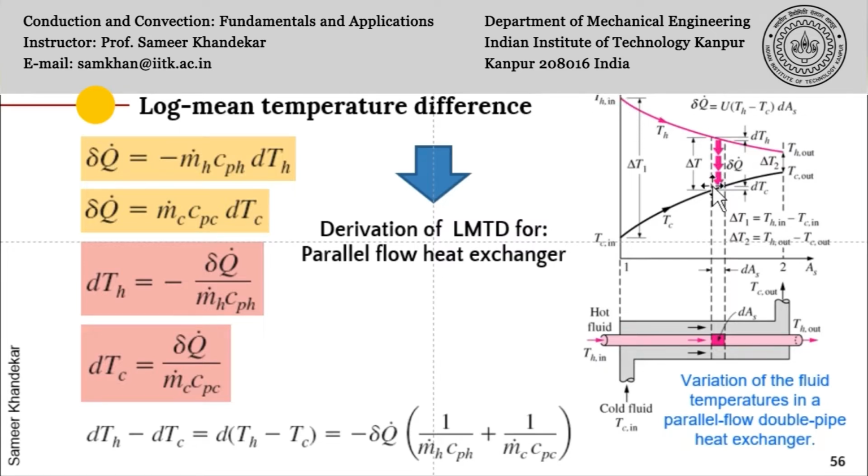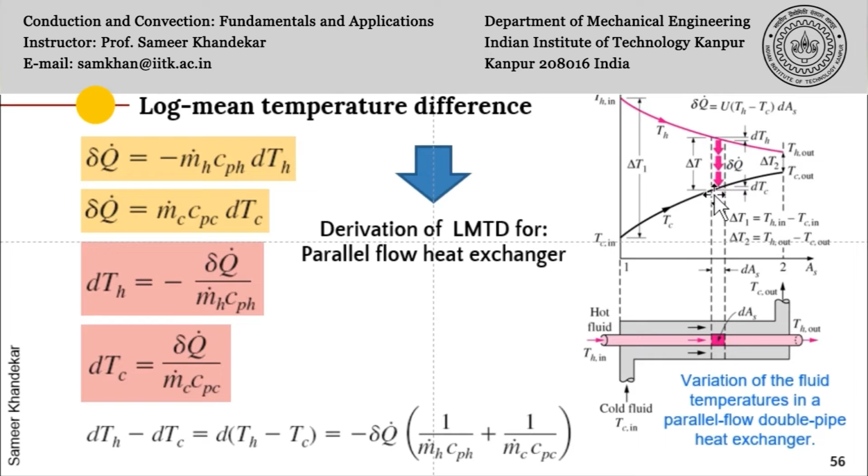We will take a small section of the heat exchanger and try to apply the energy equation under the assumptions which we have already discussed in the last lecture. So this is the hot inlet, this is the hot outlet, this is the cold inlet, and this is the cold outlet, and this derivation we are doing for a parallel flow heat exchanger whose qualitative temperature profile is shown here.